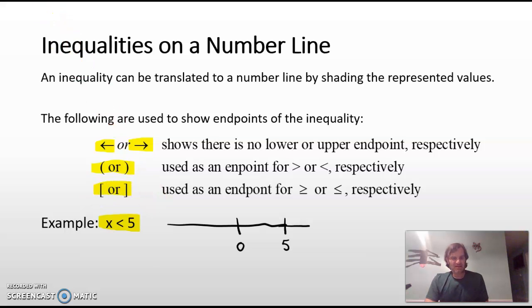So on my number line here, I want less than 5. So I'm going to take that 5 and shade everything to the left of it going less than 5. And I'll put an arrow over here to show it keeps going. Now to show what's happening at 5, since it's just less than, I'm going to use a parenthesis.